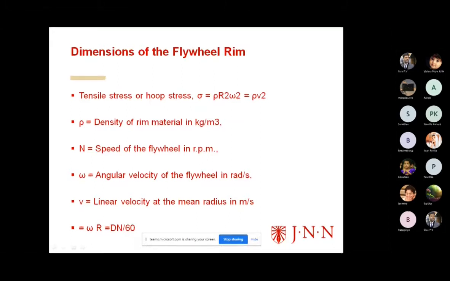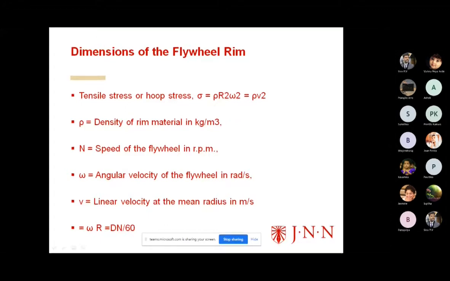What are the things we have to find out? First, the maximum fluctuation energy delta E. The formula for delta E is maximum energy minus minimum energy. Next, the mass of the flywheel. We have to find out the fluctuation energy.